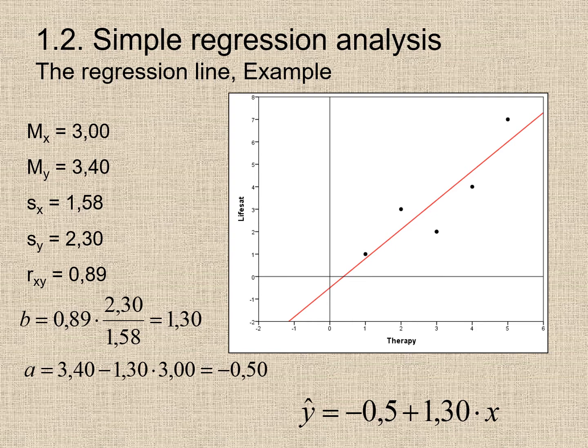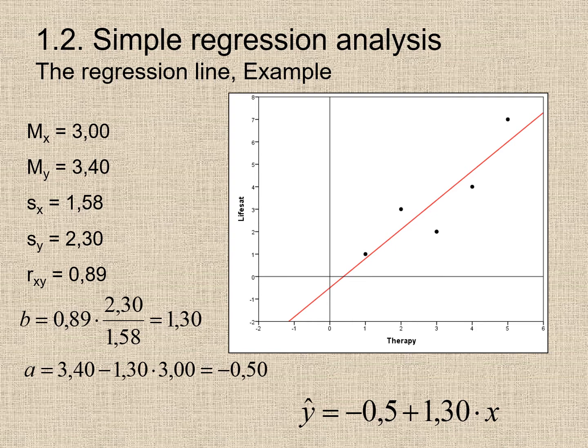And the intercept here, minus 0.5. What does it tell us? If you don't get any therapy, your life satisfaction is predicted to be minus 0.5 on a scale from 1 to 7.